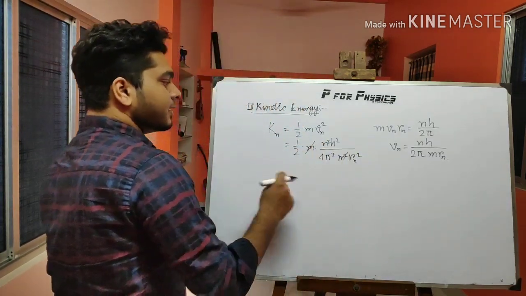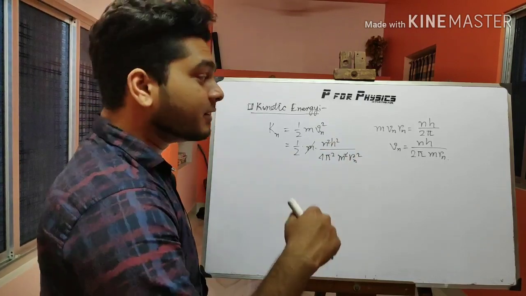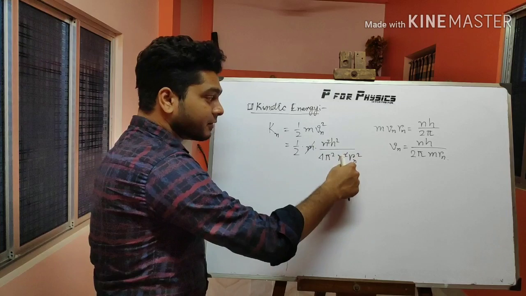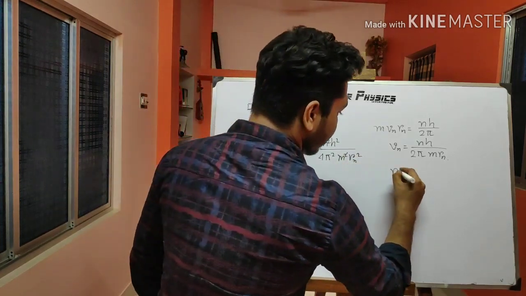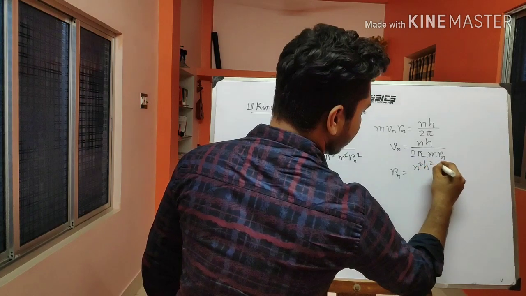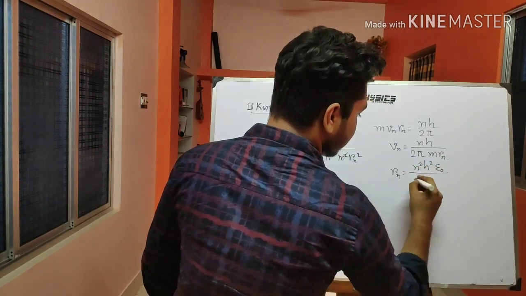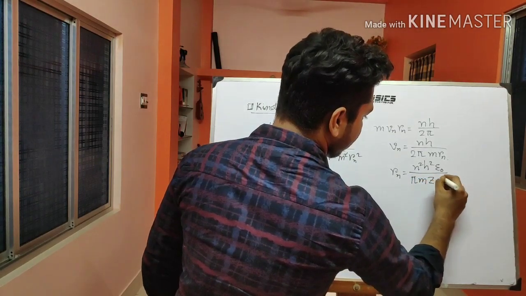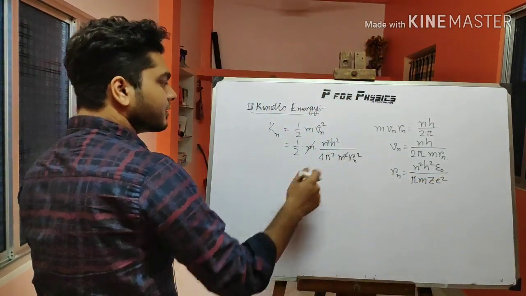Now, as I said, you need to memorize the expression for Rn. This is why Rn is n square h square epsilon naught by pi m z e square. So put this thing here.